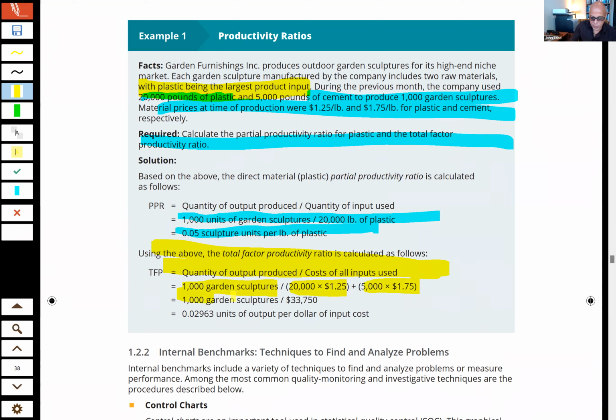So now we take the 1,000 sculptures and divide it by the total of the resources, and that gives you the units of output per dollar of input. Okay, so yes, total is obviously going to be more precise, but is it worth those additional steps and the additional information that we have to track in order to be able to do a total?